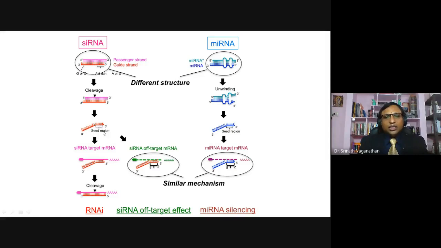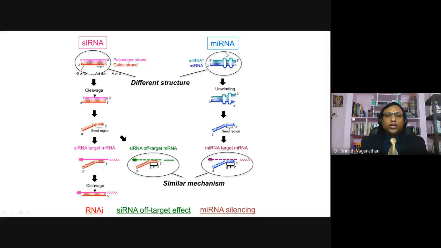This seed region can go to the target strand, which can be present in the mRNA. So the mRNA can be identified by this seed region and can undergo cleavage, and thereby the mRNA having the defective gene for the protein can be removed, or it can be silenced by another mechanism. A similar mechanism can be observed in the miRNA.